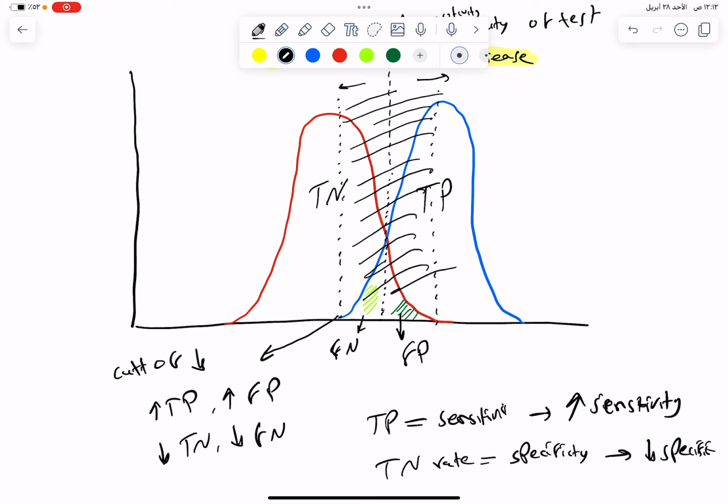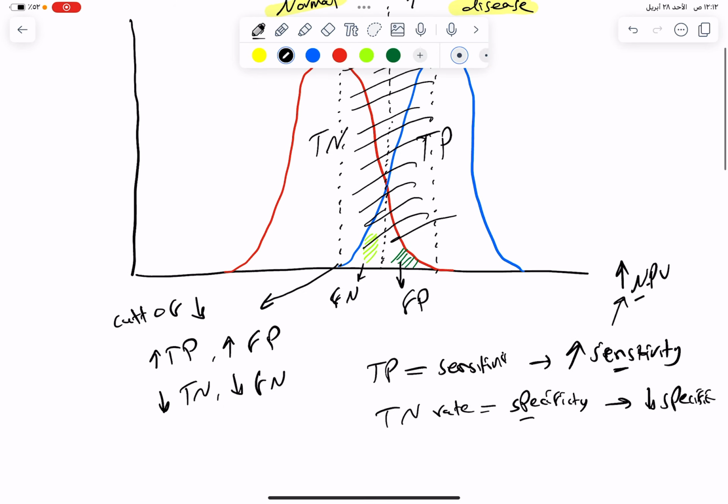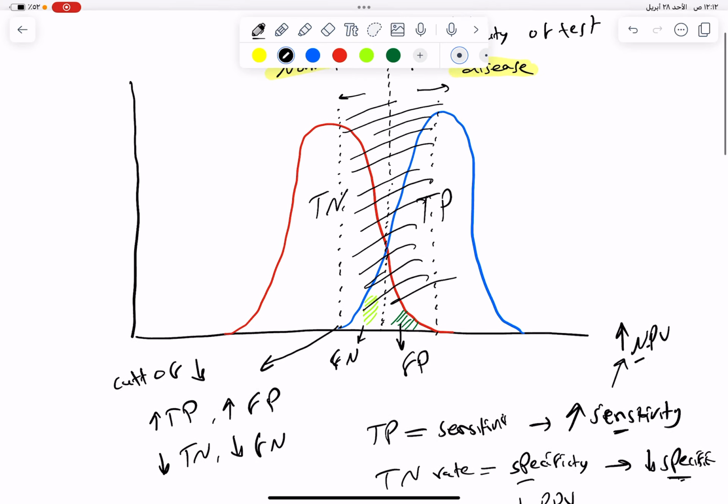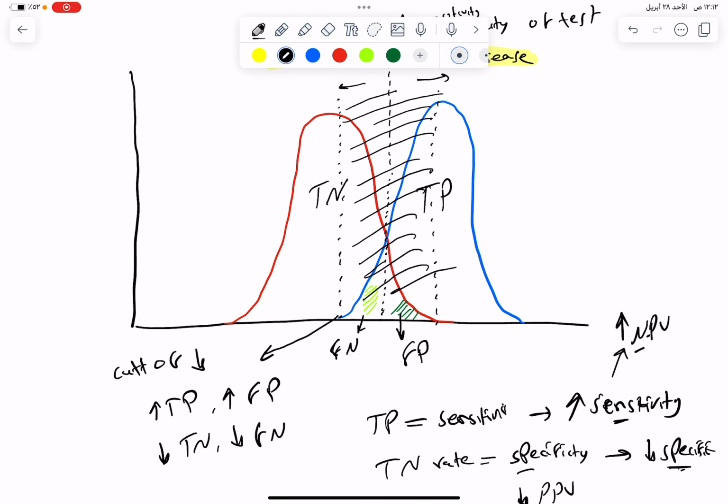Also, sensitivity relates to the negative predictive value, so the negative predictive value will increase. And positive predictive value, since specificity relates to it, will decrease since the specificity is decreased. So this occurs when we lower the cutoff.